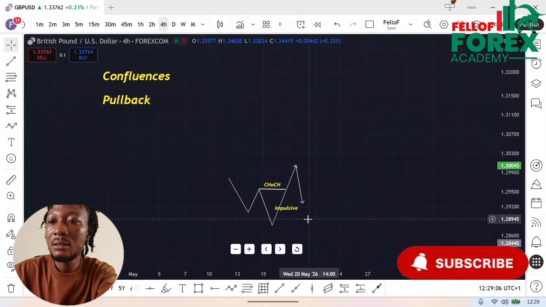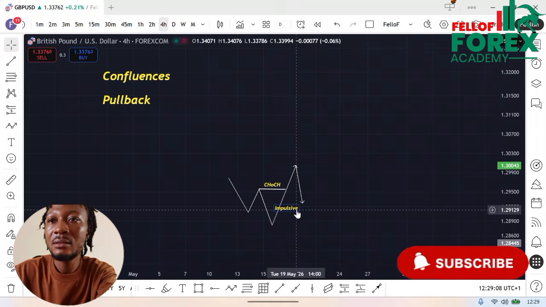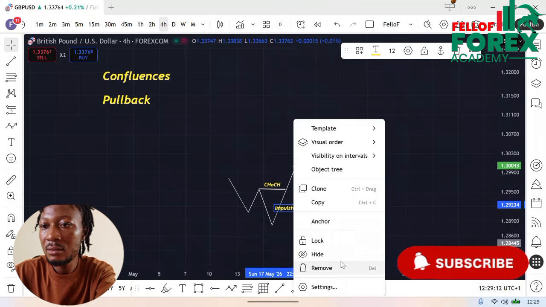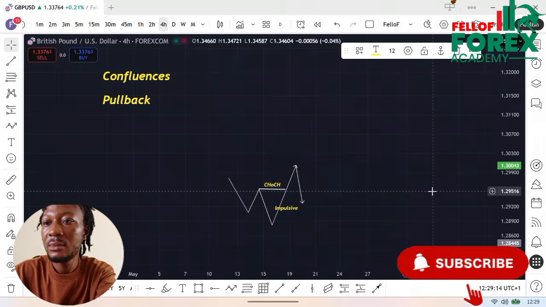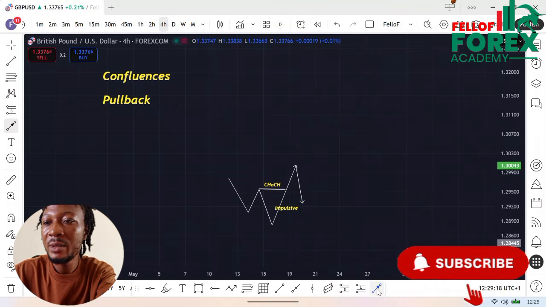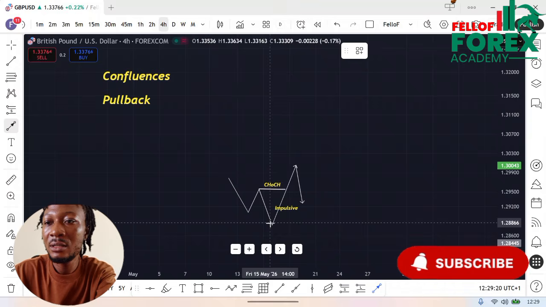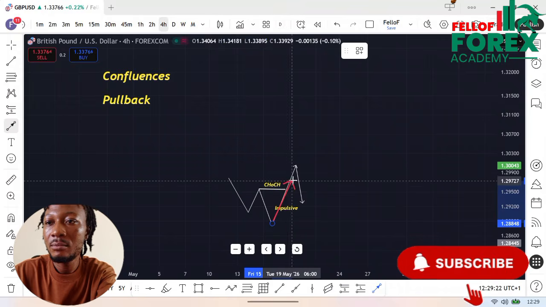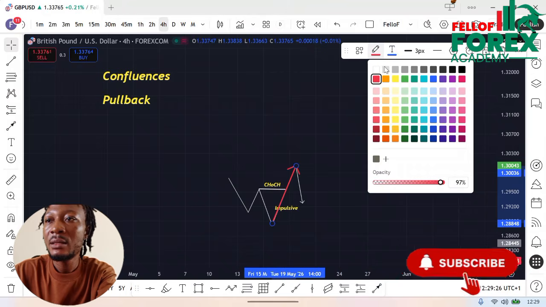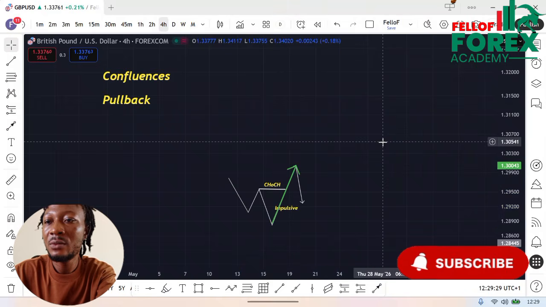Well, it doesn't really matter. So we call this move the impulsive. Let me make it green because we are in an uptrend. This is an impulsive move.